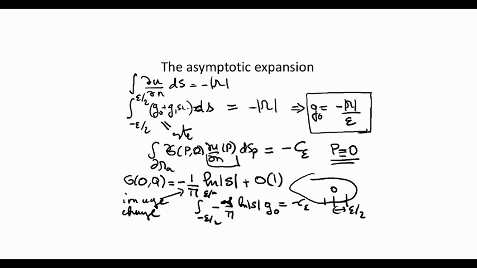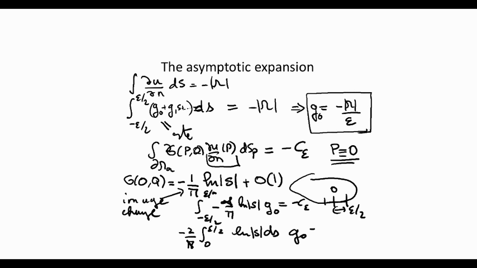Okay, so now let's finish the calculation. By symmetry, this is integration from 0 to epsilon over 2. Now there is minus 2 divided by pi, and we have log of S ds multiplied by J0.